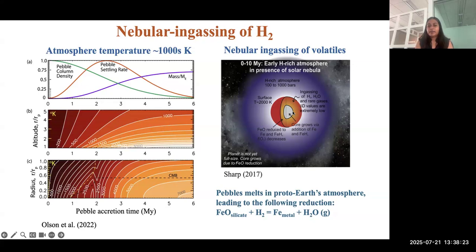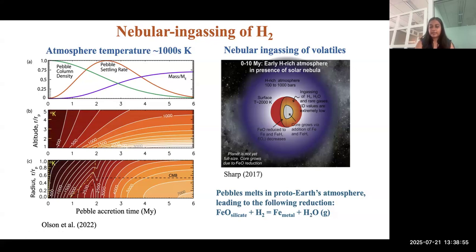The essence is that my chondritic component pebbles bring iron oxide in their silicates. So in the presence of hydrogen gas, when they accrete, the pebbles should melt, and their iron oxide should react with the hydrogen gas. This reaction would produce iron metal and water.